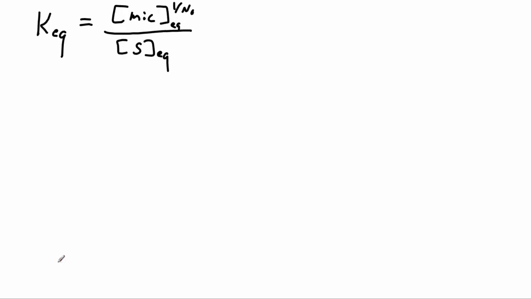Once we have this equation, we can remember that delta G standard for this process, in this case for micelle formation, so let's write delta G mic standard, is equal to negative RT log of K equilibrium.